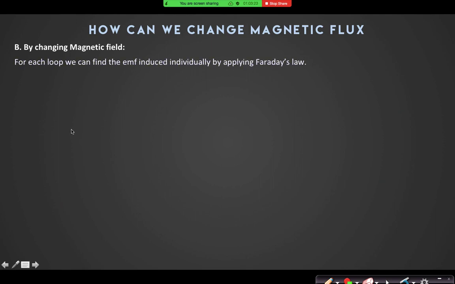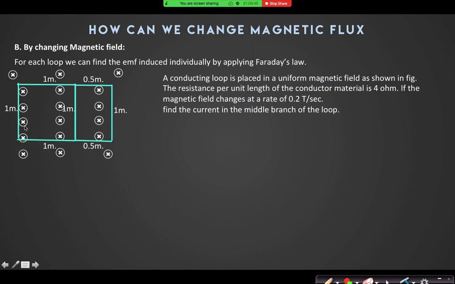For each loop, we can find the EMF induced individually by applying Faraday's law. Suppose inside a magnetic field there are many loops. I will find individually for each loop the induced EMF. For example, take this question. There is a uniform magnetic field B, and a loop is kept inside it.